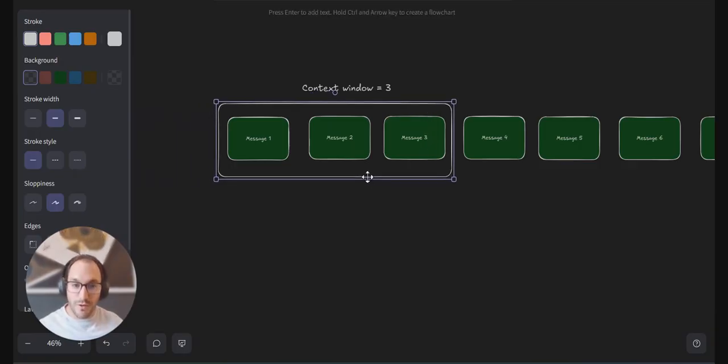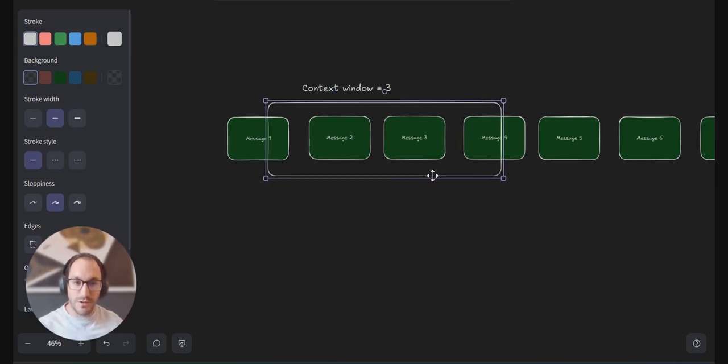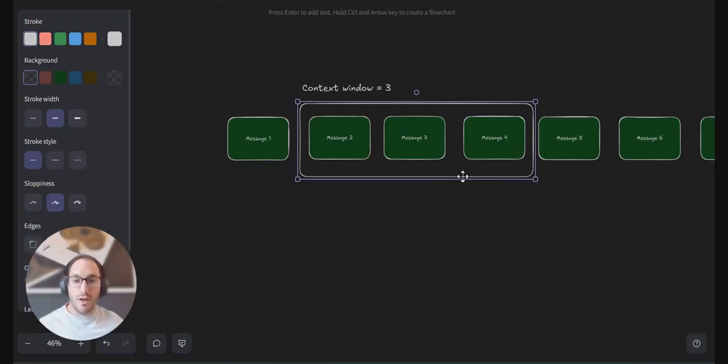Now, this is where it gets interesting, because on message 4, because the context window is 3, it loses the context of that first message. So if you were to ask on the 4th message, what did I have for breakfast? It wouldn't be able to give you a good response. I'm going to show you this in N8N, which is one of these low code tools.